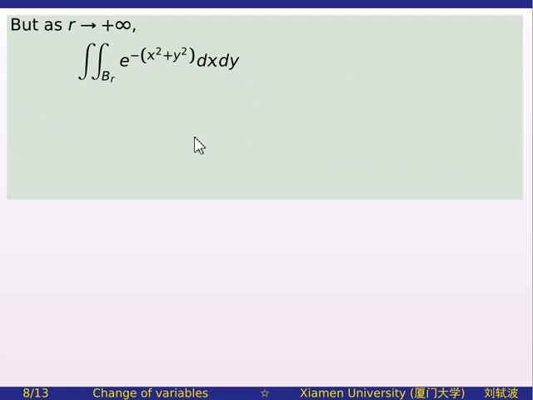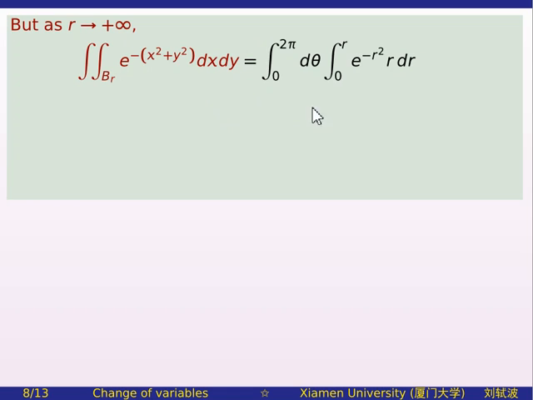So as R goes to positive infinity, for this integral we use polar coordinates, x equal to r cosine theta, y equal to r sine theta. So this integral can be written as an integral over r from 0 to R and theta from 0 to 2 pi.